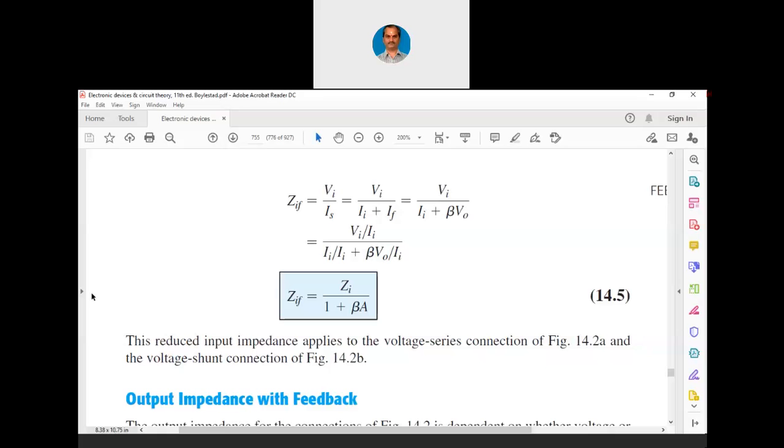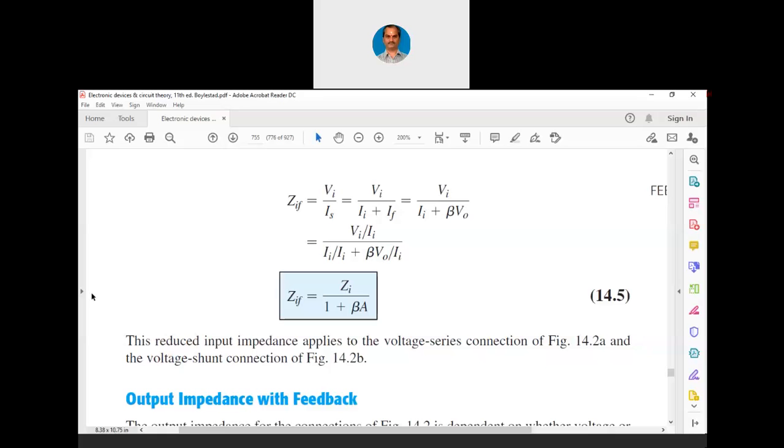So in the case of shunt feedback, the input impedance is going to be reduced. Let us say we have to connect an amplifier to some other circuit at the other side where impedance has to be matched. Let us say that impedance is lesser. Now we can use such voltage shunt feedback or current shunt feedback also.